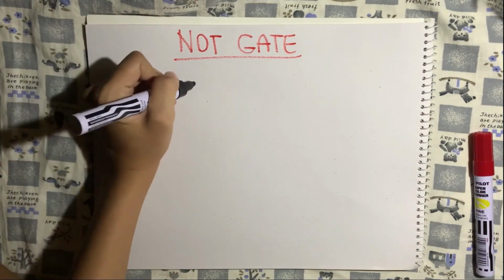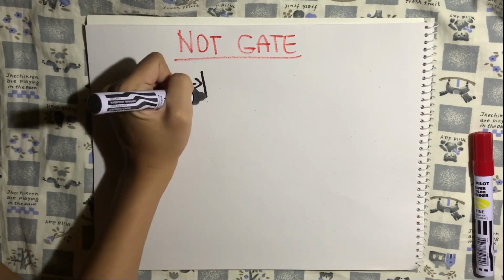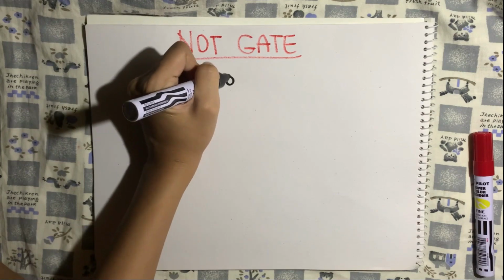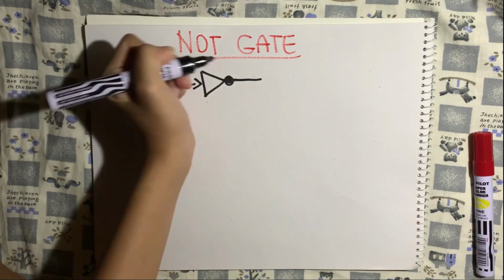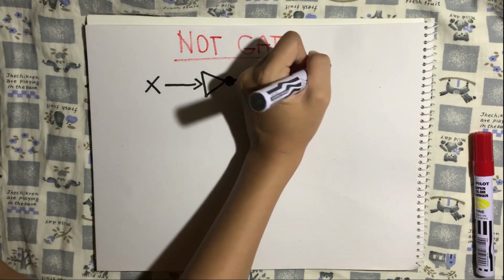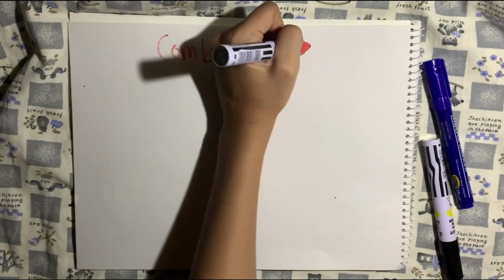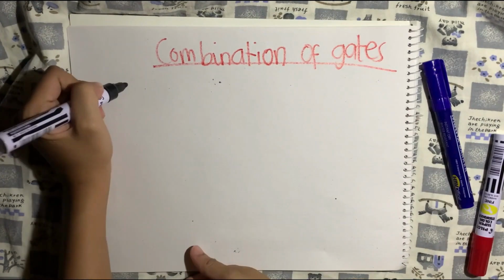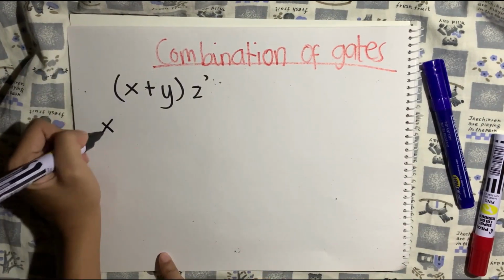It has one input and one output. We can also create a combination of gates which consist of the three basic gates: AND, OR, NOT.